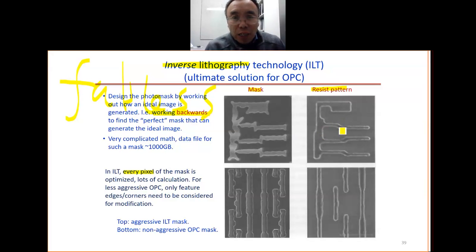As you can see here, we want this light intensity. In the end, we need to get this kind of complicated mask design. For instance, you see something here. It looks very weird, but this is done by numerical simulation, and this will give you the light profile like this. This is called inverse lithography. We make the mask design by simulation to optimize every pixel of the photo mask.